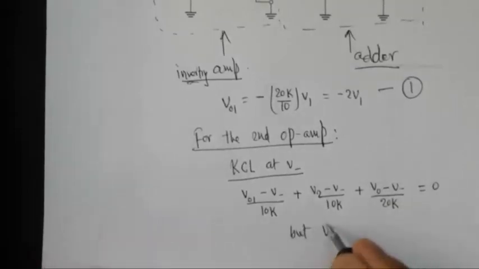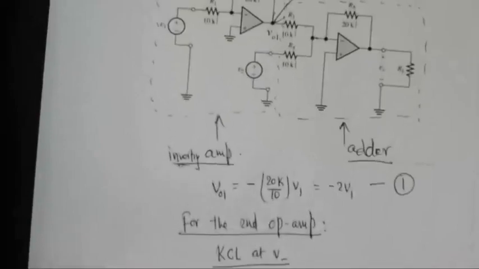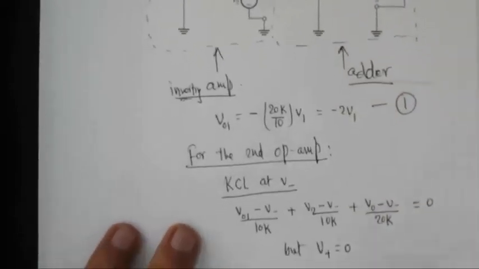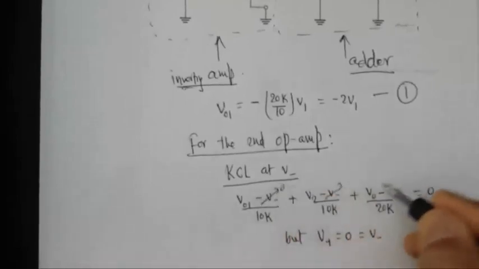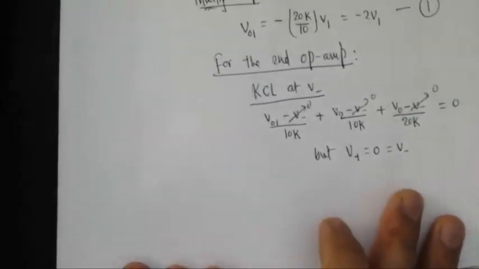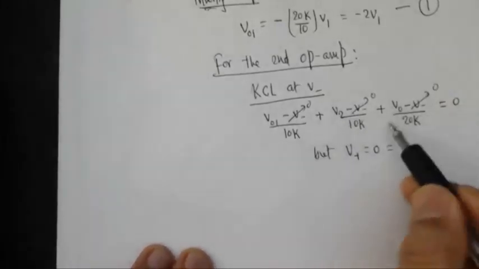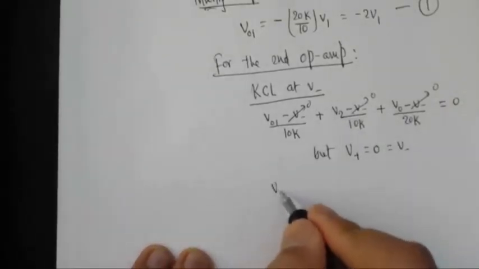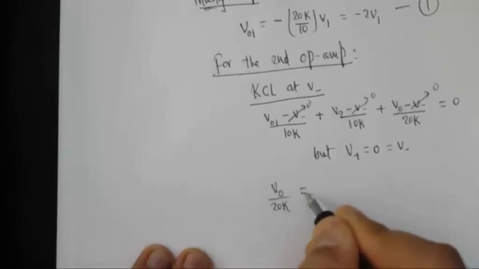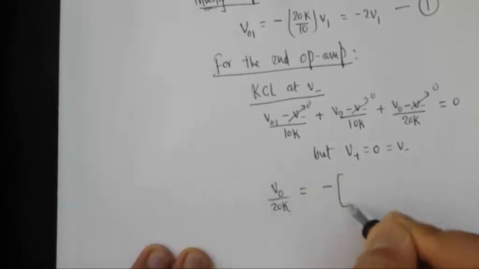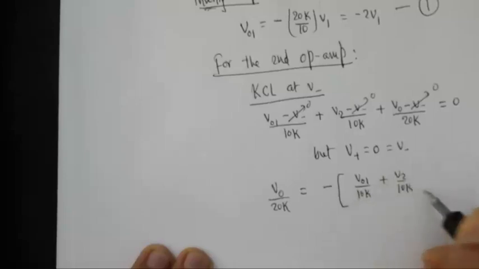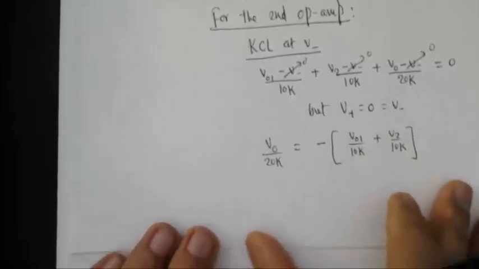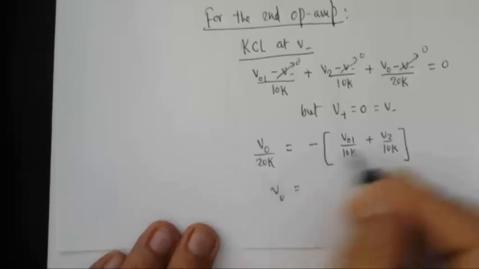But again, since V plus is grounded, that will force V minus also equal to 0. So these are all 0. Then you can solve for V out from here. So V out over 20k is equal to negative the whole thing, VO1 over 10k plus V2 over 10k, and then you do cross multiplication.